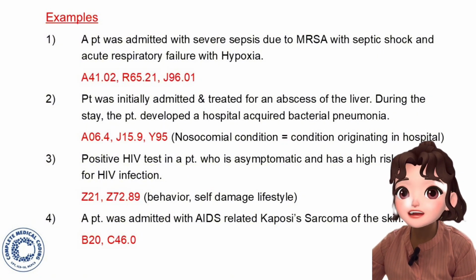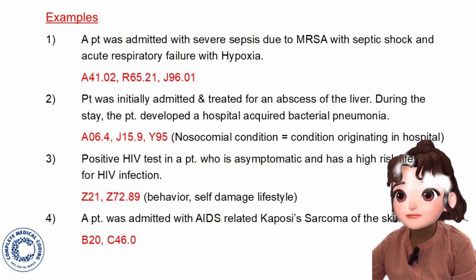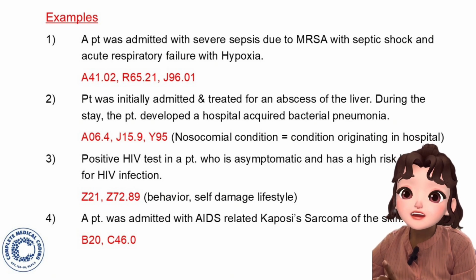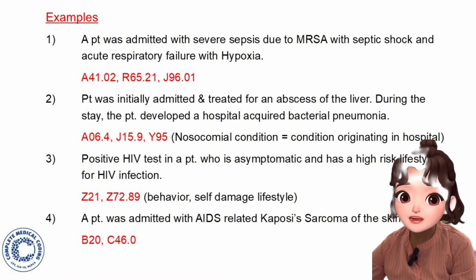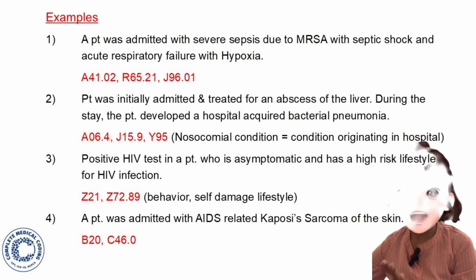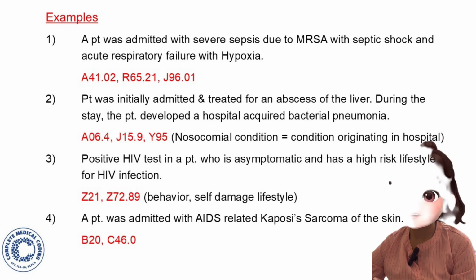Okay, so code that Z21, asymptomatic HIV, and then followed by, let's see what is mentioned next. The patient is having a high risk lifestyle for HIV infection. That you have to code Z72.89.